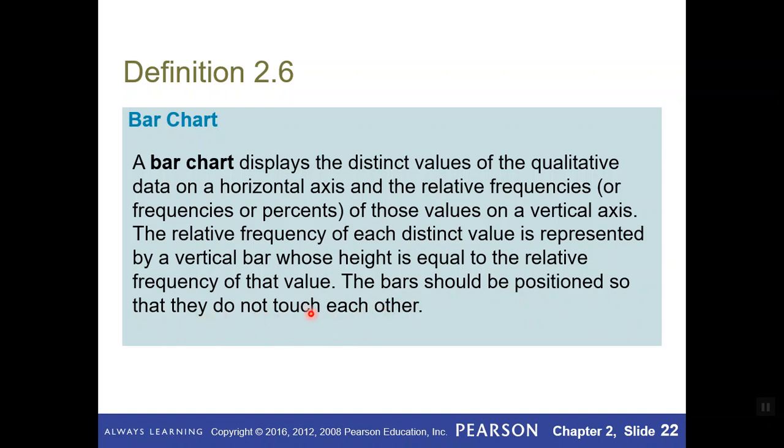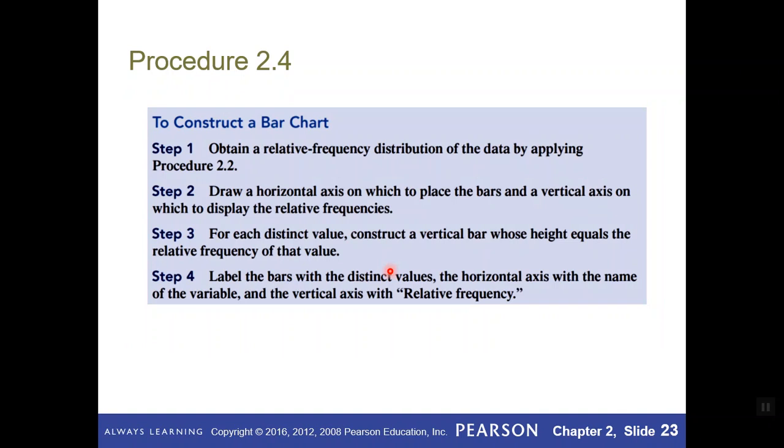Remember that in a bar chart, bars do not touch each other. The height of the bars represents the frequency or relative frequency of that particular distinct value. So how do we construct a bar chart?